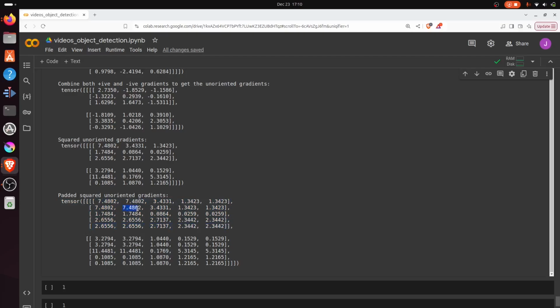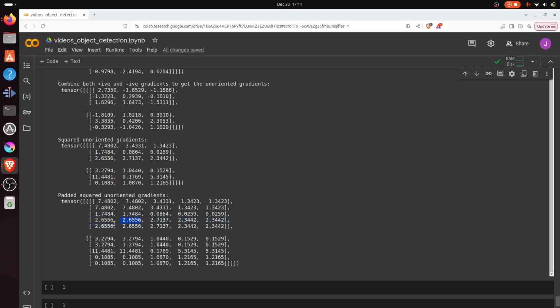And how does it work? Well, what it does is copy the value that is closest. What I mean is that, for example, here we have a 7.48, so this means that at the top left corner, we're going to get that exact number. The left neighbor of this value is going to be copied as well.